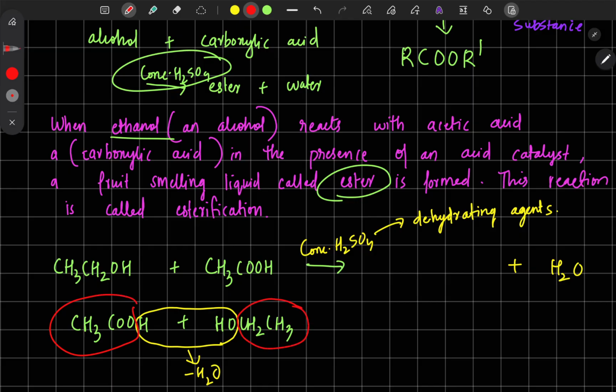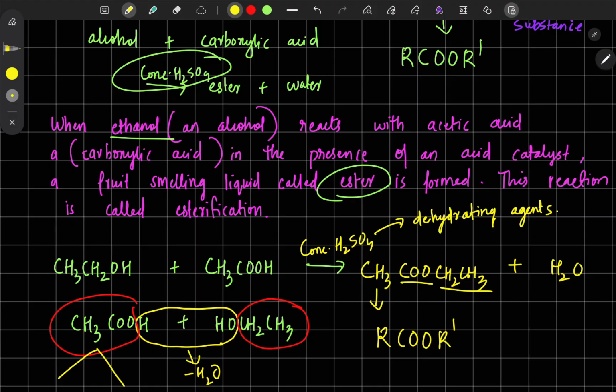So the product will be, first we can write CH3COO, then write CH2CH3. This will be formed. This is an alkyl group. So R, C double O, and this is also an alkyl group, R dash.